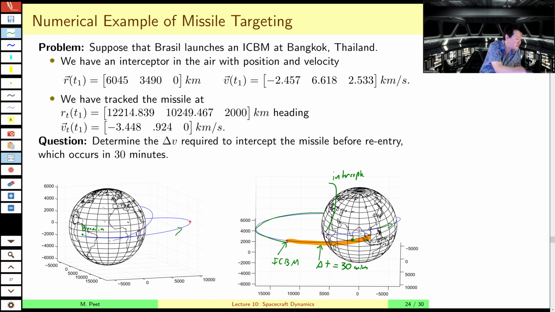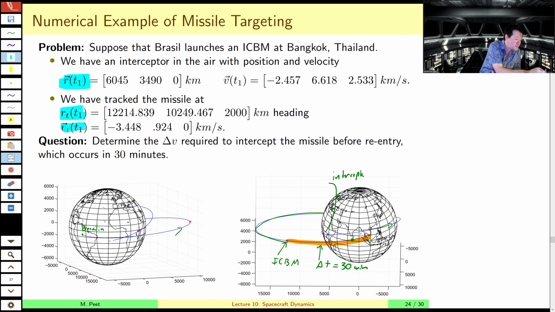So we have the problem here. Here's our initial position, which we need. It's something in low Earth orbit. Initial velocity vector, which we don't have to worry about too much. And we've tracked the missile here. We've measured its position and velocity, or its position at two points.